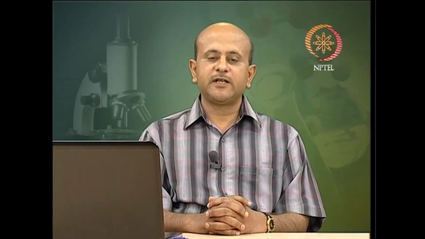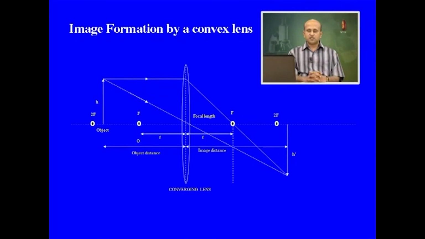Now, let us see how the image formation takes place by the lens. Here what we have shown is a convex lens. Lenses could be of two types mainly. One is the converging lens, which is convex or double convex lens, and the other is the diverging lens, or concave or double concave lens. Let us first discuss the converging lens, then we will see the diverging lens.